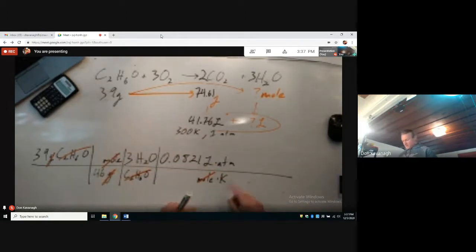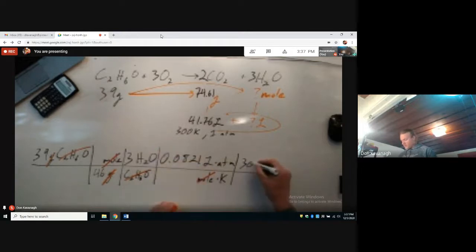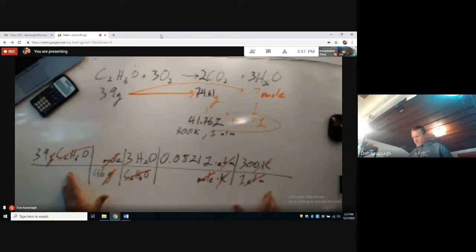Now we need to cancel out ATM and Kelvin, and because we're talking about consistent circumstances, we still have 300 Kelvin and 1 ATM to play with. Note that everything cancels out except for liters and water.